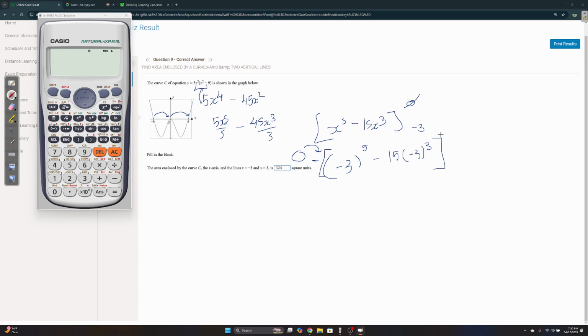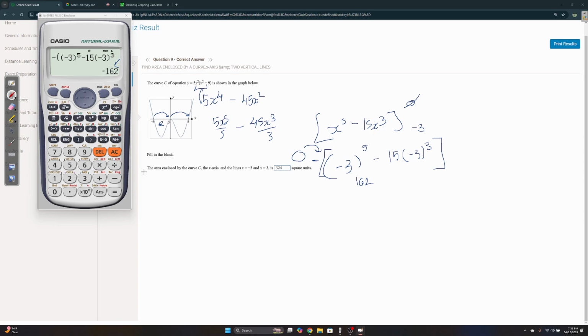So the minus should be distributed into it all, into the bracket: minus 3 to the power of 5 minus 15 times minus 3 to the power of 3. So you get minus 162. Remember, you make it positive, so this is 162.